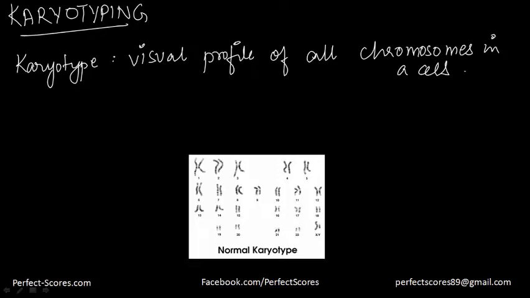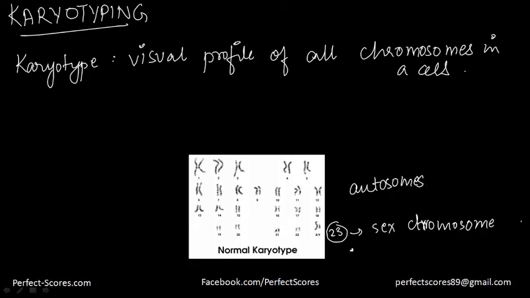So you can see it has 1, 2, 3, 4, 5. Like that it has all the 22 pairs, and the last pair, which is the 23rd pair, is known as the sex chromosome pair. So that's why it's showing X versus Y. And the remaining 22 are known as autosomes because they do not depend on the gender.